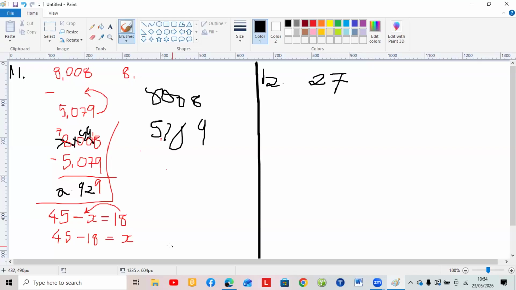I told you anytime you have algebra, the sign to the left hand side of that number belongs to it. Look at this x here. Look at it very well. This x and the minus are together. So by the time x goes to the other side, guess what will happen? It will now become plus. Can you see that the x here is plus?